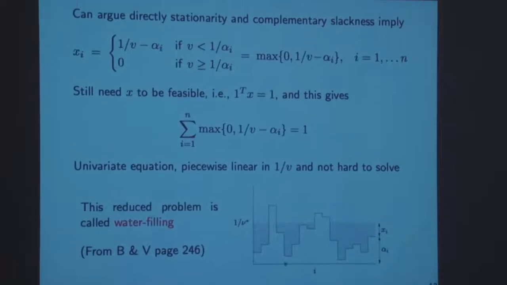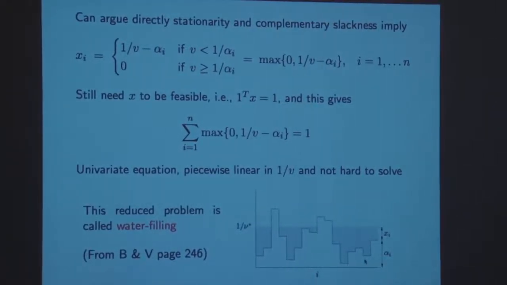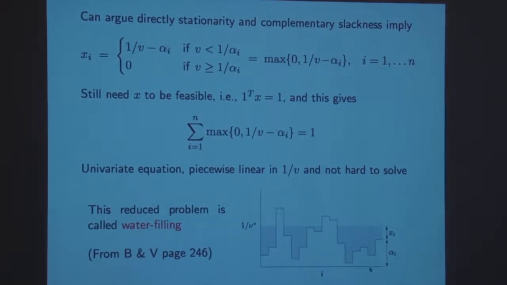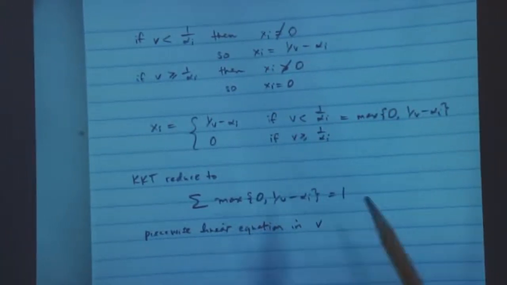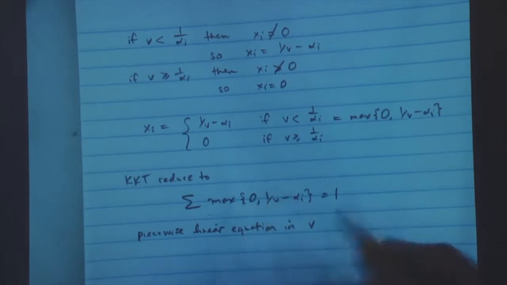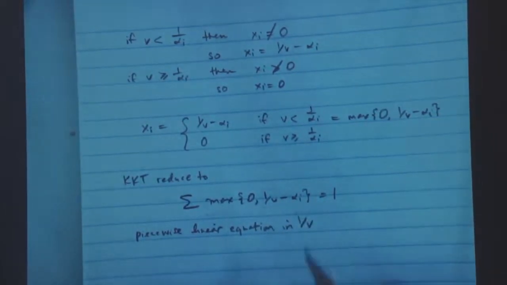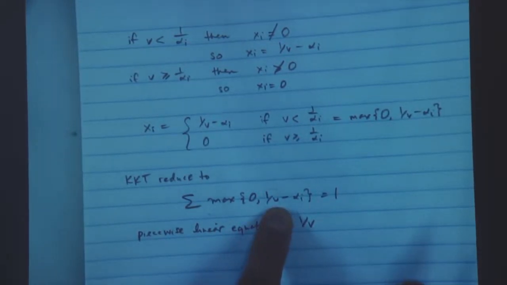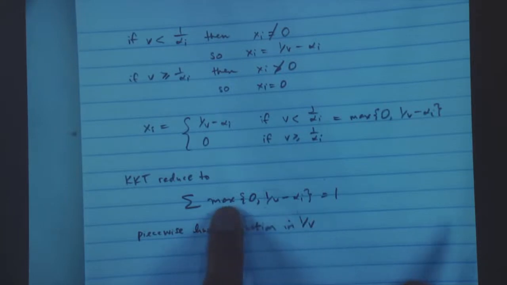So we lay down n units, and we dump water in, and the level of water at each unit can't go below the ground, so it's at least 0, or it's the water level, which we keep track of as 1 over v, above the floor, the height of that unit, which is alpha I. We essentially increase the level of the water, 1 over v, until the total content of water is 1. That's why it's called water filling.